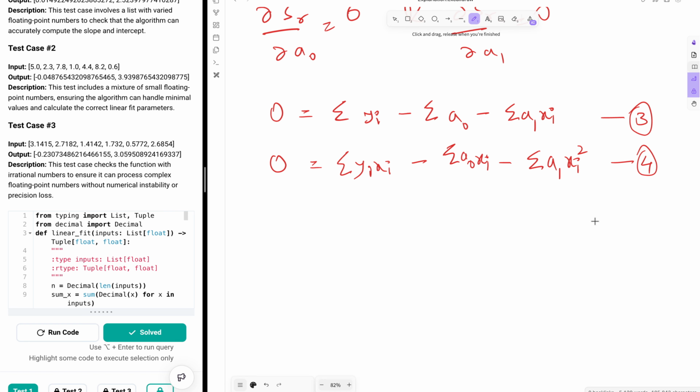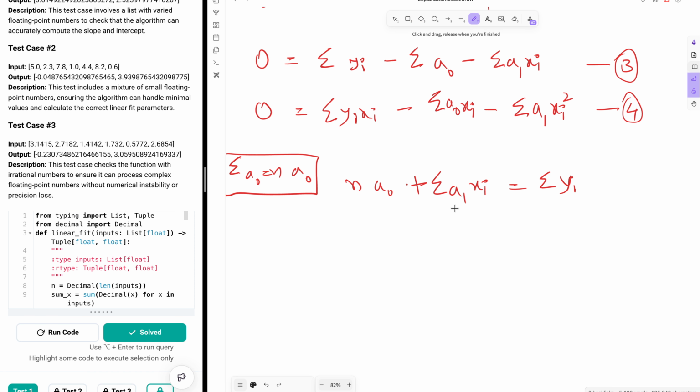And one thing we know is that summation of a_0 is nothing but adding the a_0 value n times, so putting that in the original equation and bringing the terms to the left hand side, this will give me n times a_0 plus summation of a_1 x_i is equal to summation of y_i.